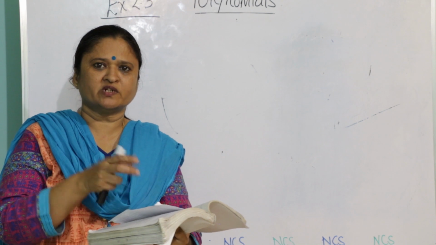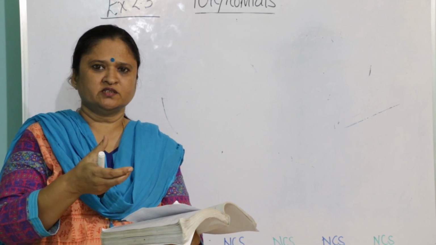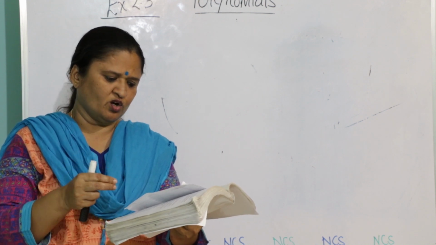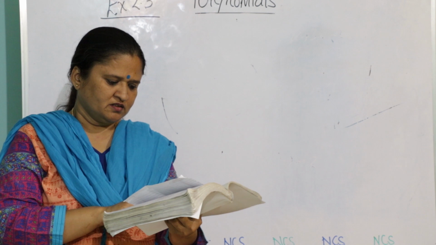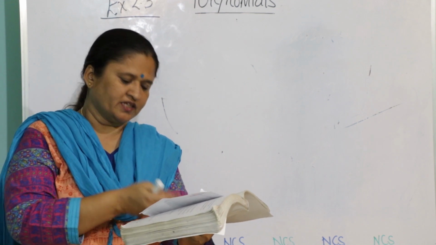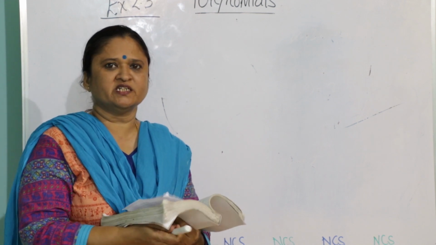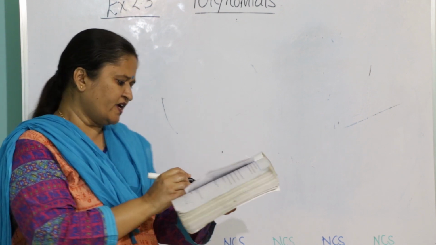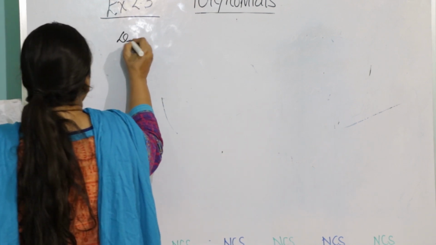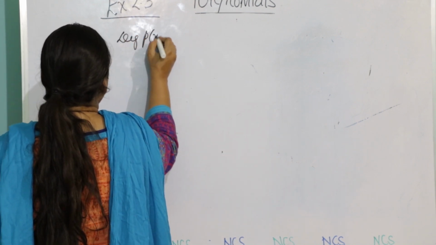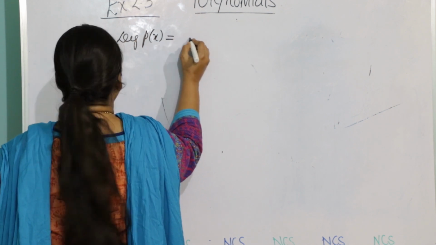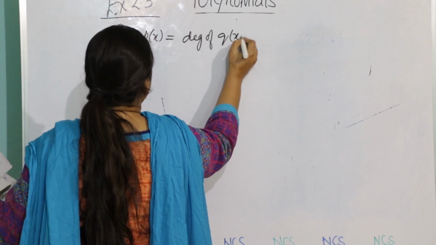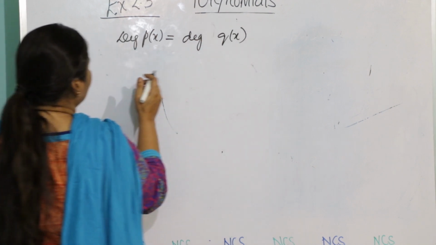Here we are supposed to create such polynomials, that is p of x, g of x, q of x and r of x, which satisfy the given condition. The first condition is, we must find all these 4 polynomials satisfying the condition degree of p of x should be equal to degree of q of x.